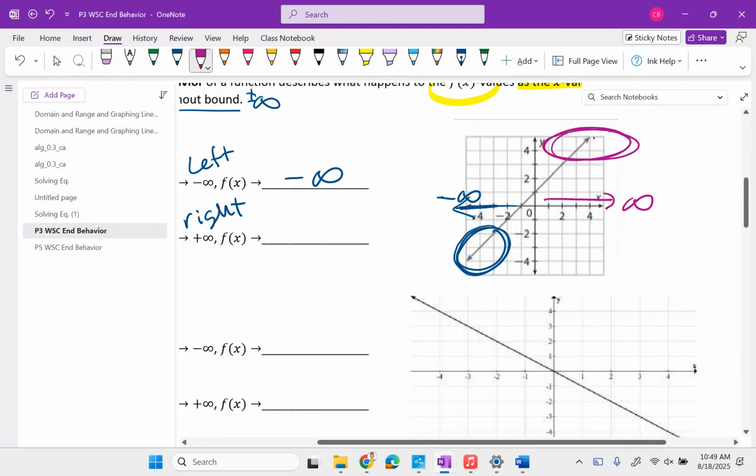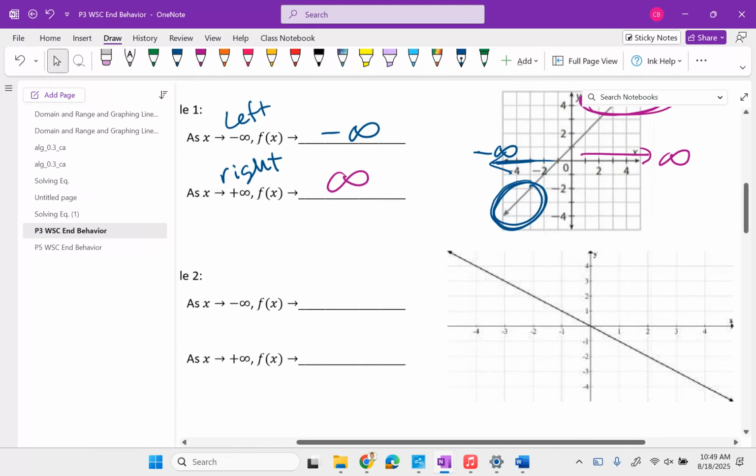Up or down? Up. When I go up, up, up, up, up through the ceiling, okay, where is my y value going? What's the biggest y value I can have? Positive infinity. Okay. Any questions on that piece before I go to the next one? We're going to do a bunch of these today.